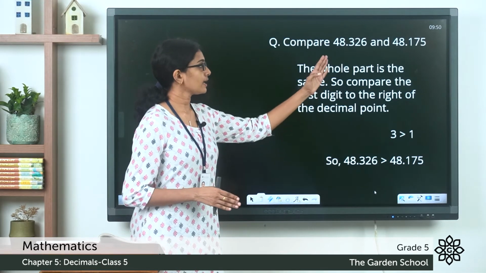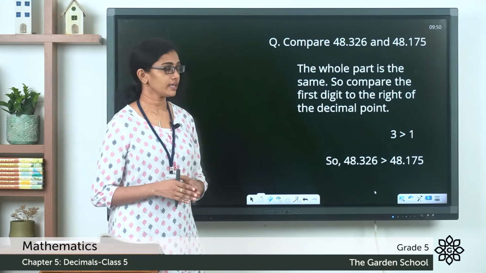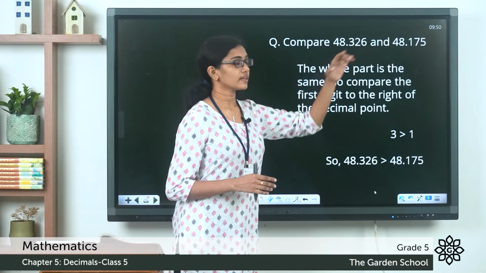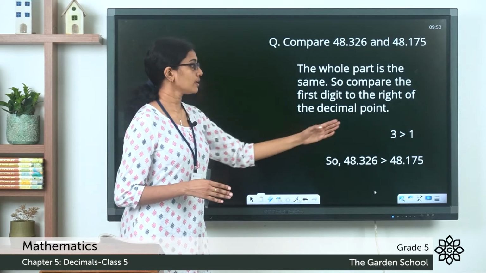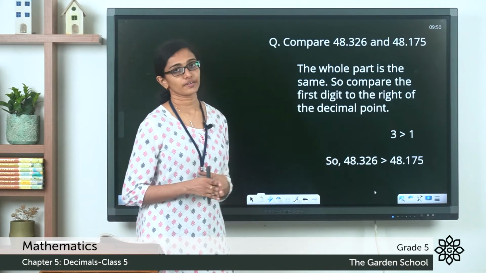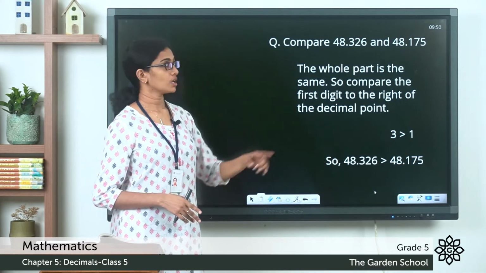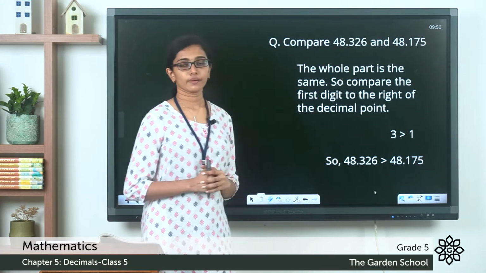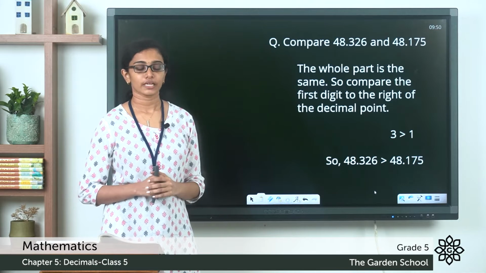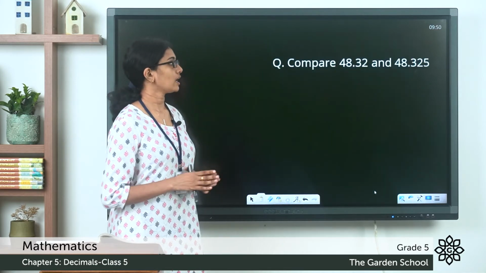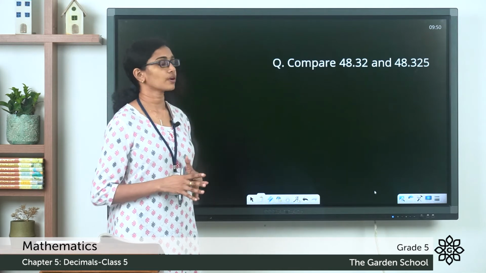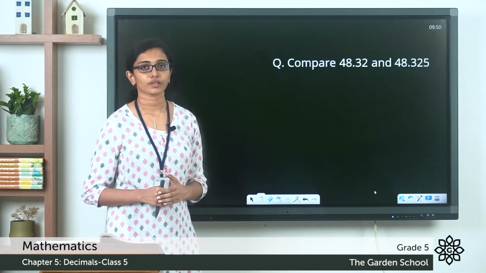So since the digit in the first number is greater than the digit in the second number, because 3 is greater than 1, we can write 48.326 is greater than 48.175. Clear?